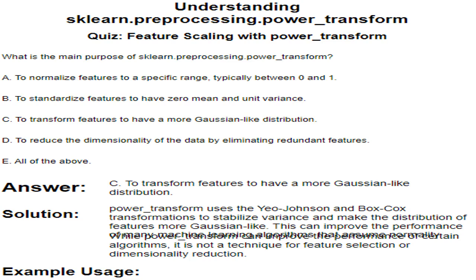Dimensionality reduction involves techniques like principal component analysis (PCA) or feature selection. PowerTransformer focuses on feature transformation, not reduction. False. Since options A, B, and D are incorrect, this option is also incorrect. The answer is C: to transform features to have a more Gaussian-like distribution.